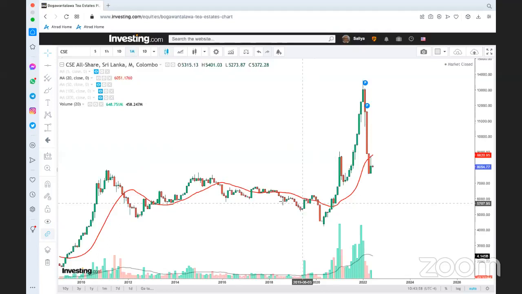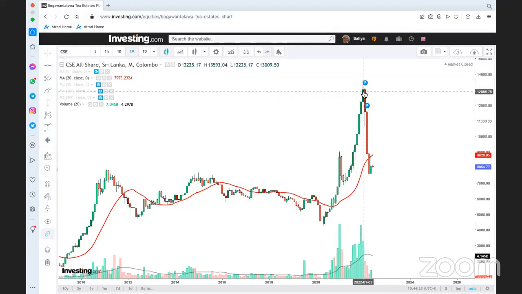You can see there are so many instances where the ASI has come down below the 20 period moving average on a monthly basis, right? So in a scenario like that, we will be concentrating only on the swing lows and how the swing lows are going to perform, right?